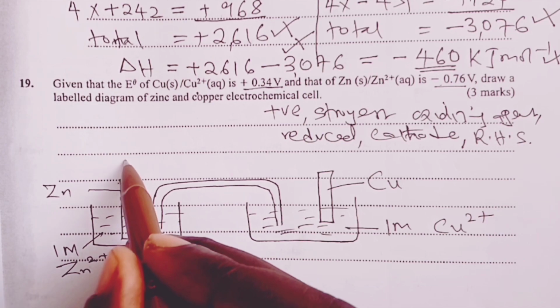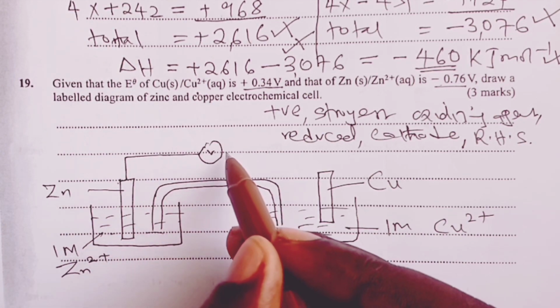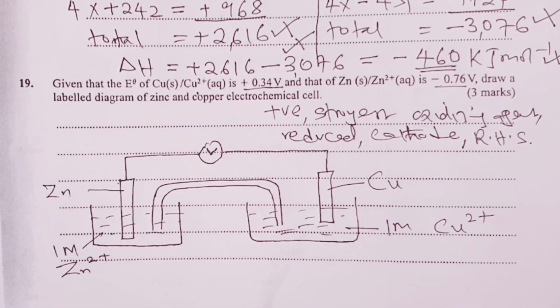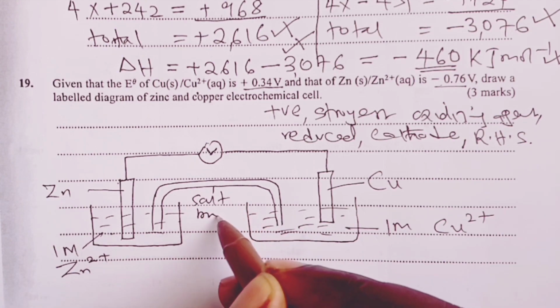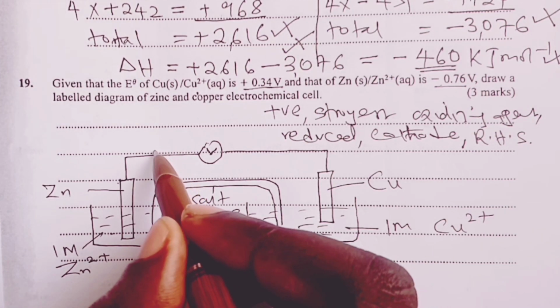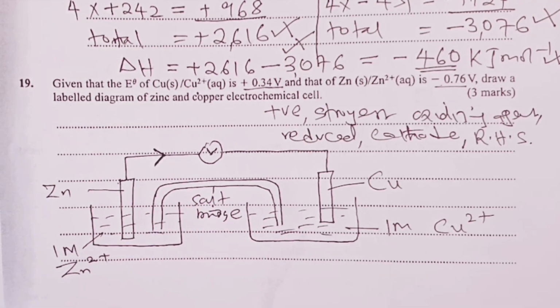Then here we shall connect our 2 electrodes via a voltmeter. So this becomes our complete cell, and of course we shall label this as salt bridge. Now, how do electrons flow? Electrons normally flow from anode to cathode. So this would be the direction of electron flow.